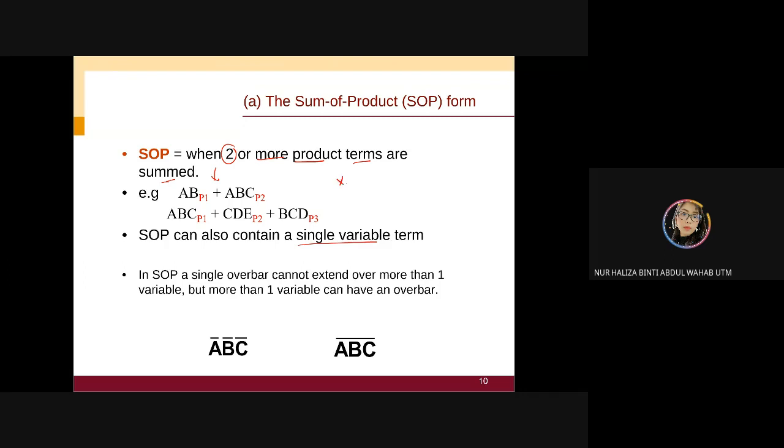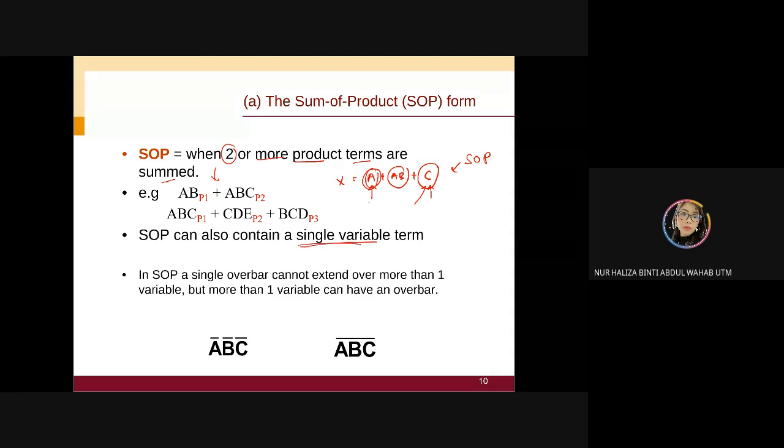Let's say you have X equal to A plus AB plus C. This is SOP. Although this one is a single variable, it is one product term. This is one product term, one product term, one product term, although in your product term it only has a single variable.